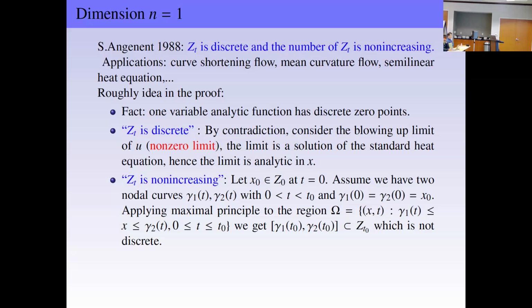We start maybe at this point, a nodal point. Then this point splits into two nodal curves. In dimension 1, this gives a region whose boundary is a nodal Dirichlet boundary. So we can use the maximum principle. These two boundaries are Dirichlet boundaries.